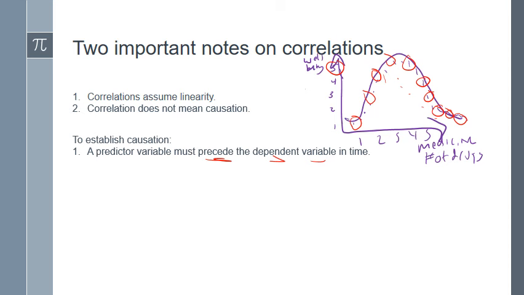So for example, let's say we were wondering, does inflation cause unemployment? Okay, so what you have to prove is that in a period before unemployment sets in, inflation goes up. And then once inflation goes up, then unemployment starts to go up.